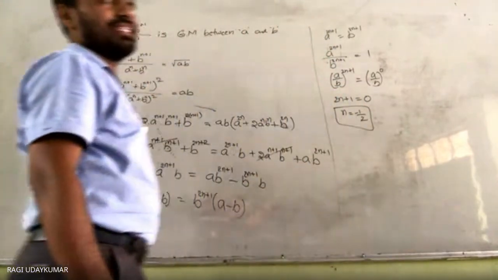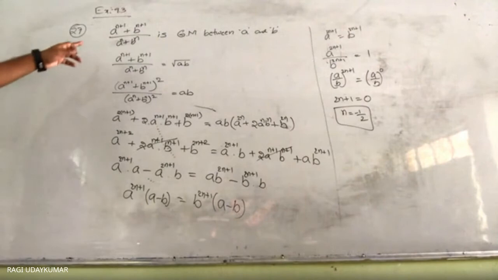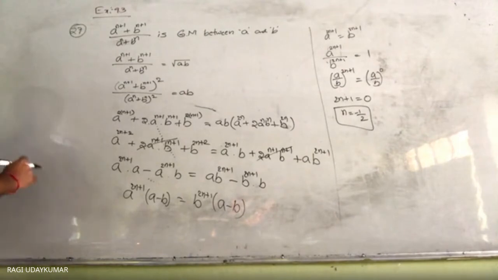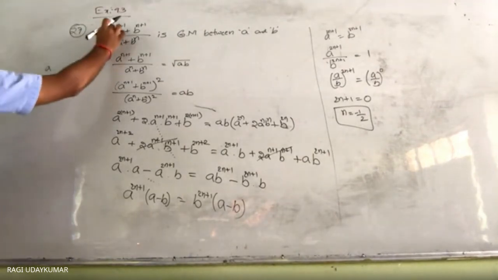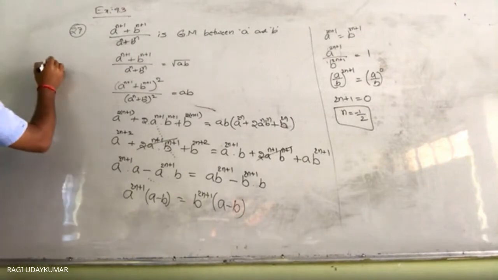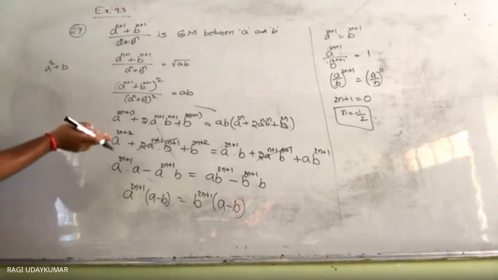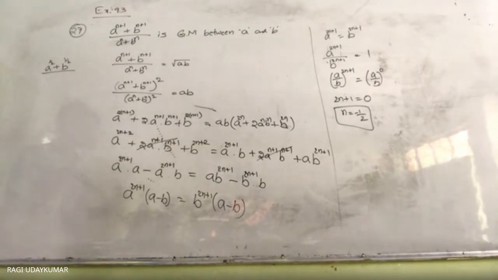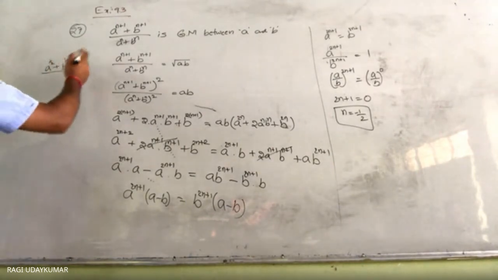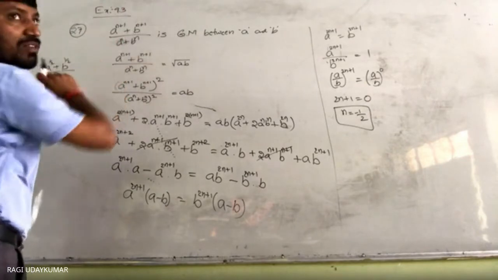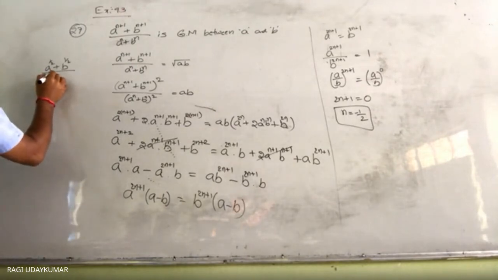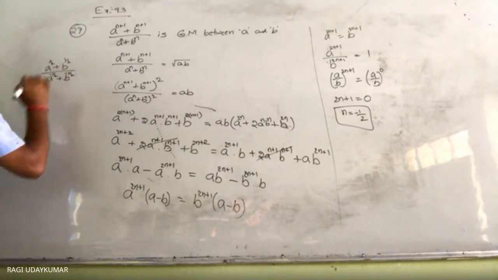For n equal to minus 1 by 2, whether it is right or wrong, you can check. How do you check? Substitute minus 1 by 2 for n. So a^(-1/2 + 1) + b^(-1/2 + 1), that is a^(1/2) + b^(1/2) in the numerator. In the denominator you get a^(-1/2) + b^(-1/2).